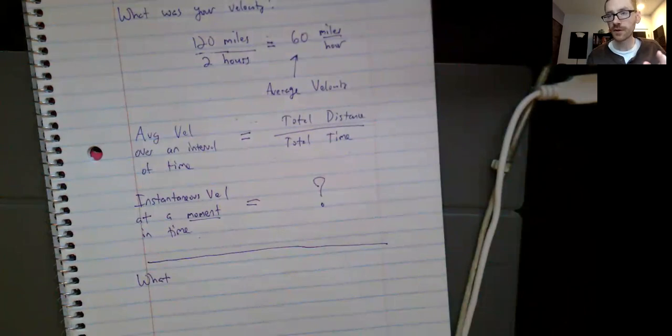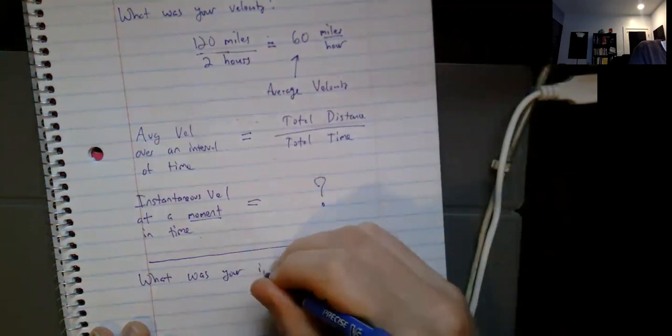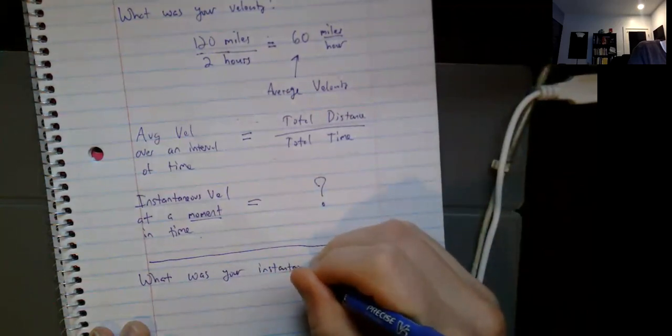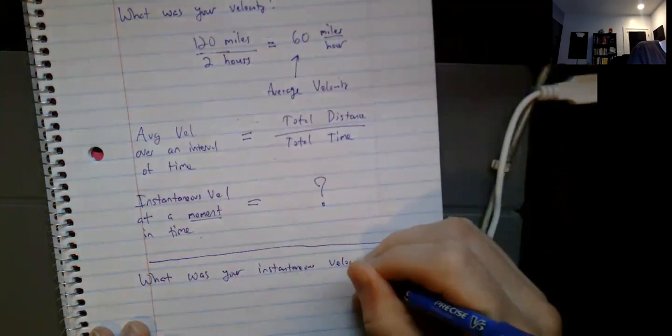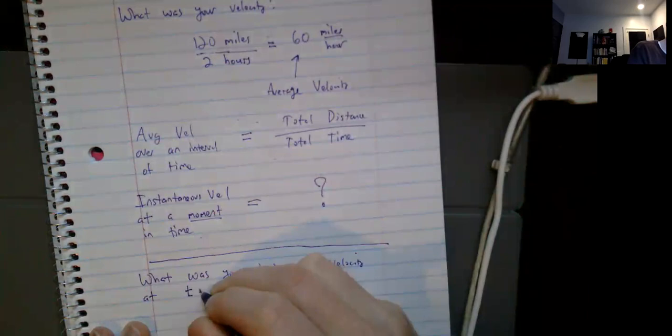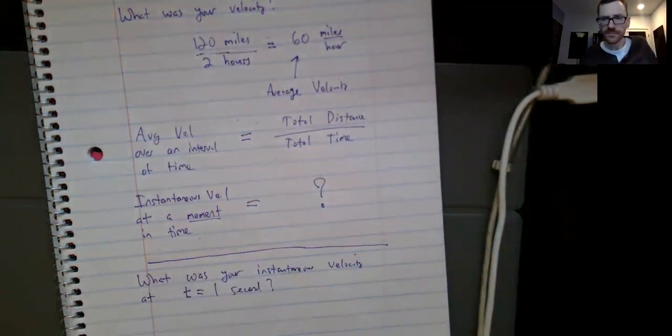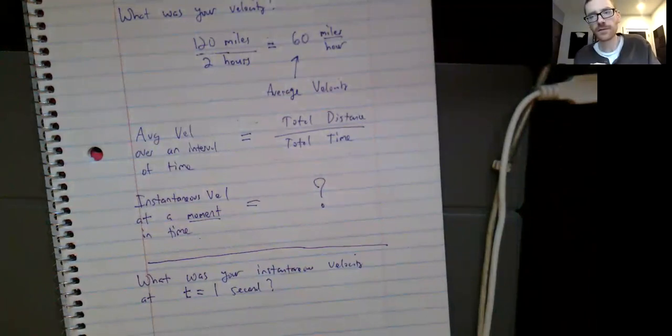So when you've been driving for exactly 1 second, 1 second after you turned on your car or whatever, what was your instantaneous velocity at that moment? That's what I want to know. So what was your instantaneous velocity at, let's write t for time, t equals 1 second, right? How fast were you going 1 second into your trip?